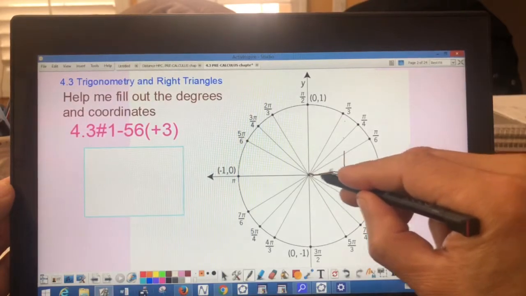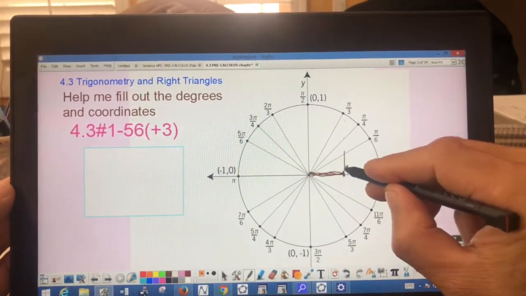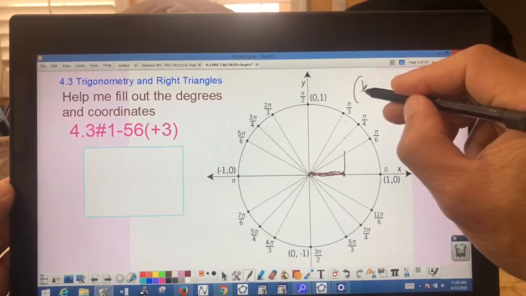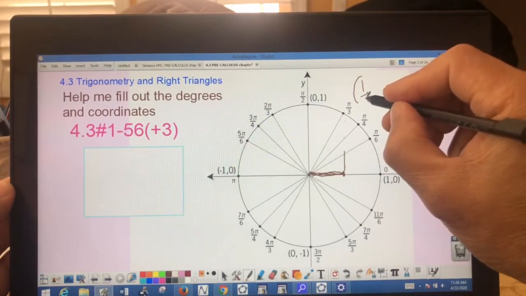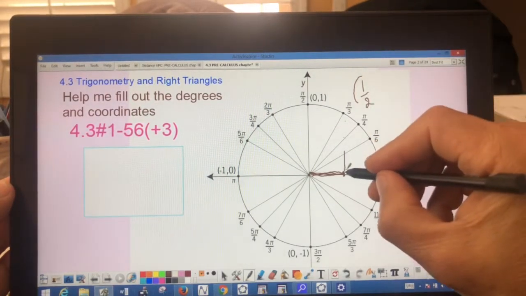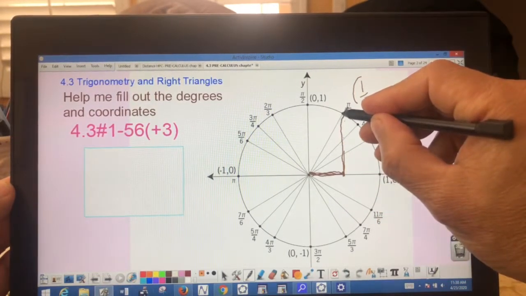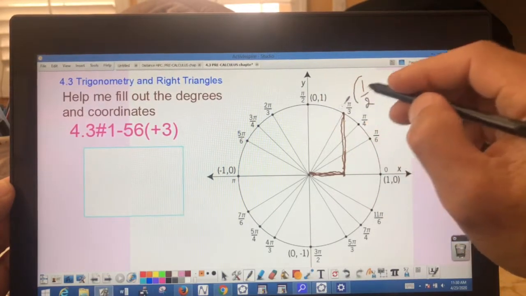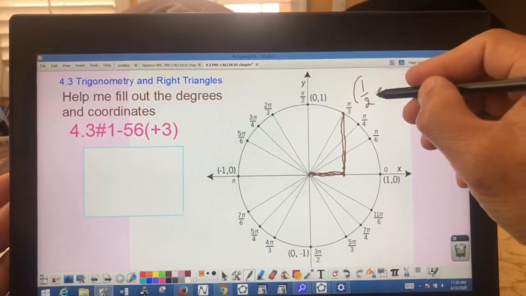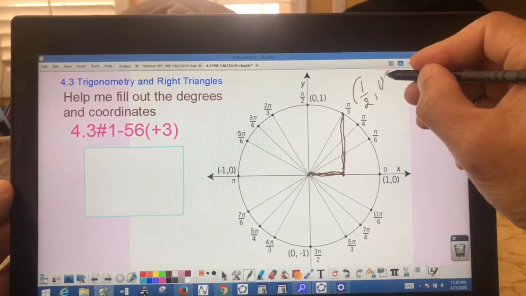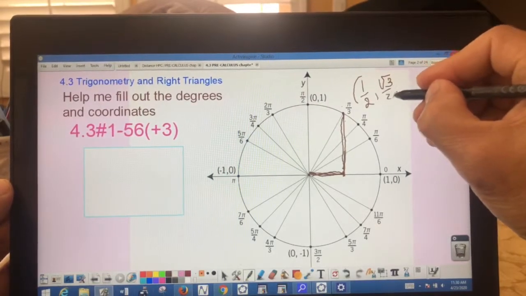So this width here, or the length on the x-axis, is half of 1, so the x-coordinate is a half. And then if you track this all the way up to the top and stop at that point there, that's near 1. In fact, that's 0.87 or 0.866, which is the same number as root 3 over 2.